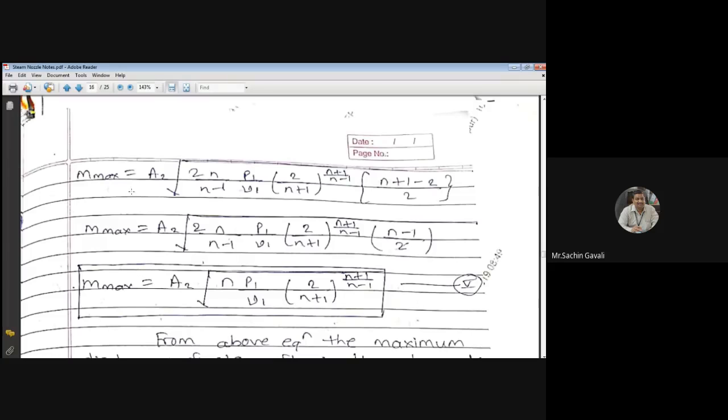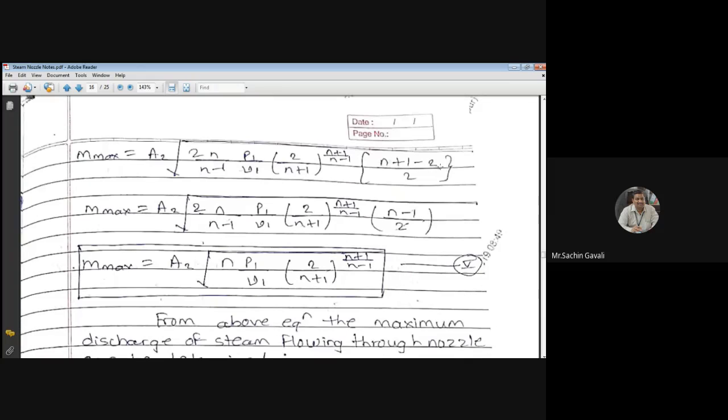Okay, therefore m max is equal to a2 into square root 2 into n upon n minus 1, p1 upon v1 into 2 upon n plus 1 raised to n plus 1 divided by n minus 1 into bracket. So what are we doing, n plus 1 minus 2 divided by 2. Simplification says m max is equal to a2 into square root of 2 into n upon n minus 1, p1 upon v1 into bracket 2 divided by n plus 1 raised to n plus 1 divided by n minus 1 into bracket n minus 1 divided by 2.